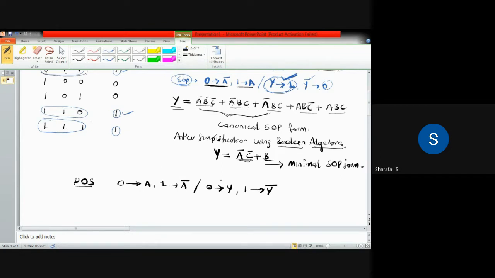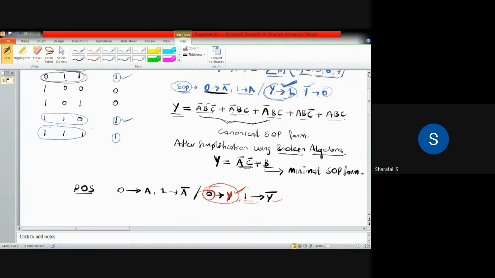So now you have to consider the zeros in the output if you want to get the value of output, that is Y. If you take 1, then it will give you Y bar. But we need Y, that is the output. Because of that, we have to consider these zeros in the output.